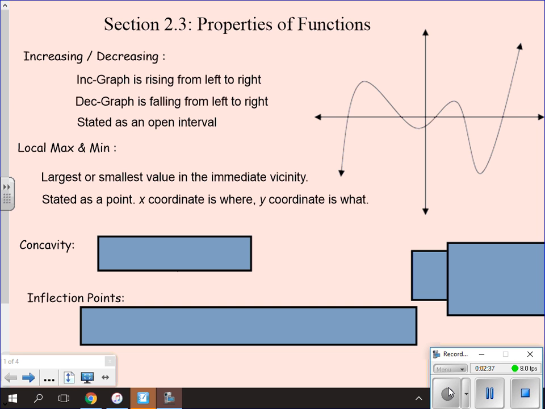Locals are in the immediate vicinity. Okay, if we measure everybody's height in this room, we will have a local maximum height and a local minimum height. We will have the tallest person in the room and the shortest person in the room. In this room, they are the local ones.